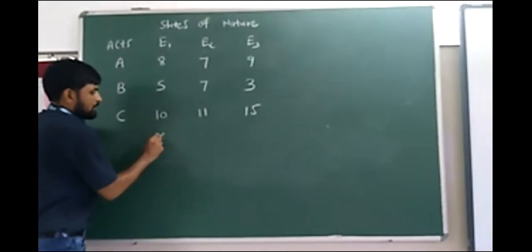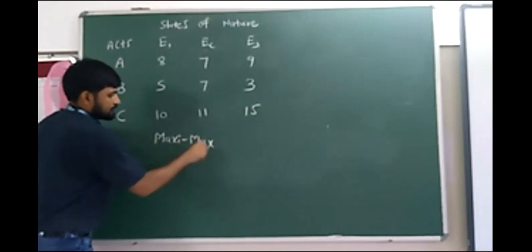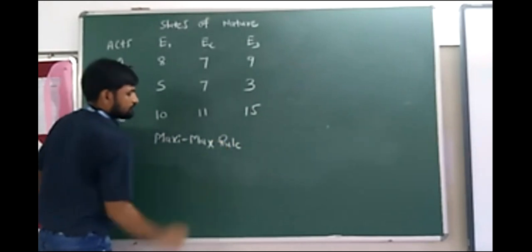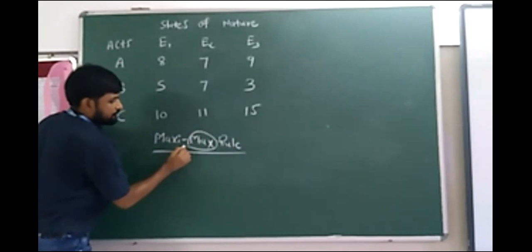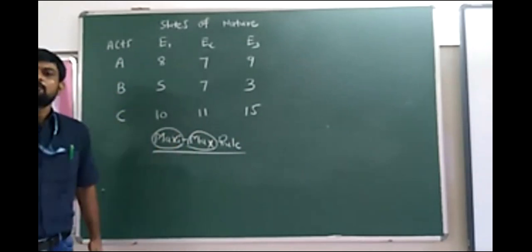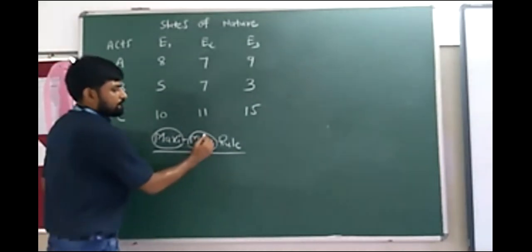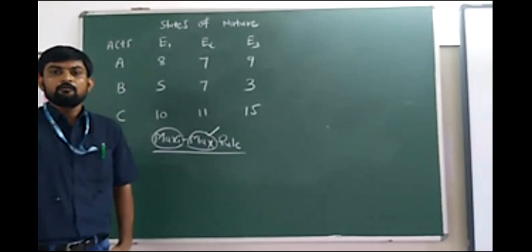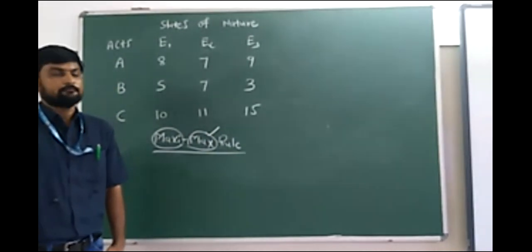So according to the Maximax rule, the decision maker will select the maximum of the maximum payoff. First of all, we have to find the maximum payoff for each and every act.